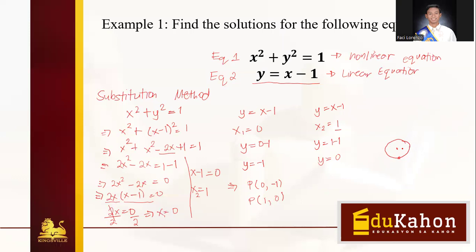So the line y is equal to x minus 1 intersects the circle at exactly 2 points: 0, negative 1, and 1, 0. So if you try to solve for the solutions of nonlinear equations, we are looking for the points of intersection of their graphs.